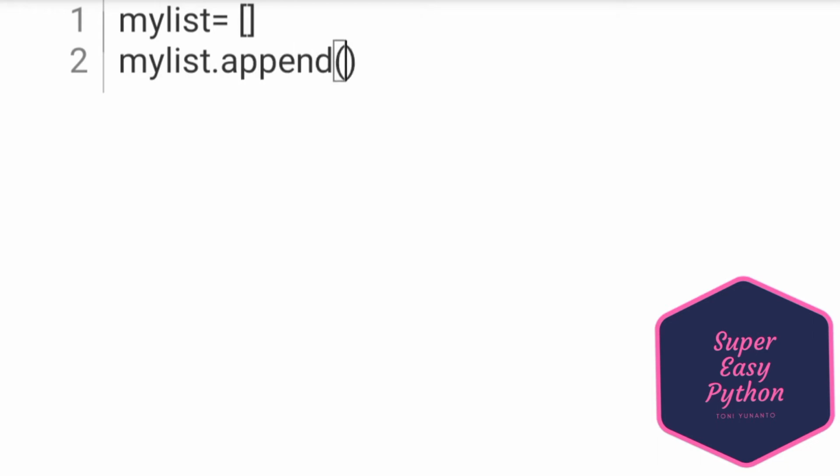My list equals square bracket. My list dot append bracket 1.